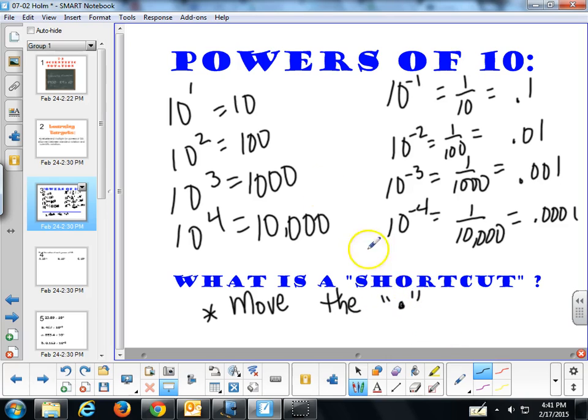And if there's empty spaces, well, then we add zeros. Okay, if it's a positive power of 10, the decimal goes to the right. If it's a negative power of 10, the decimal moves to the left.